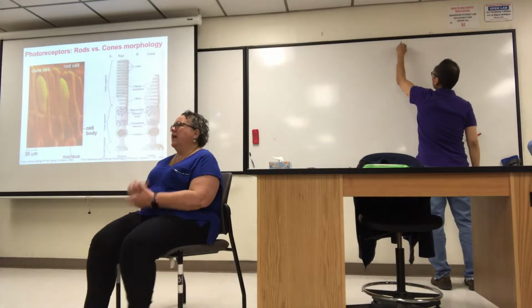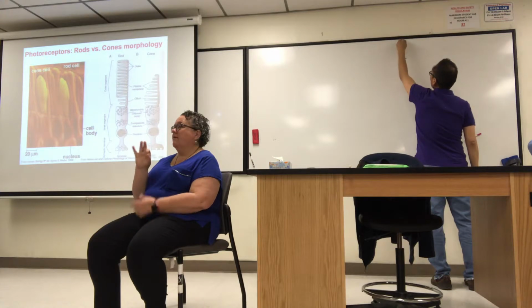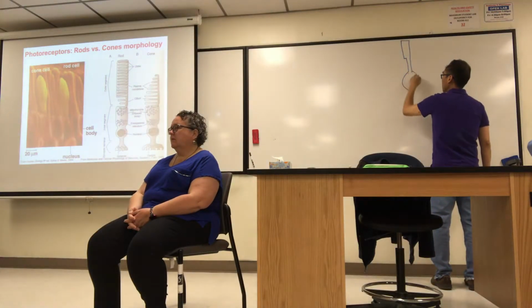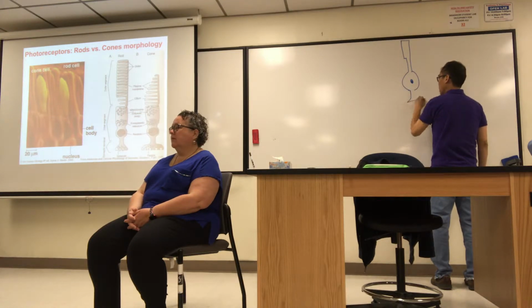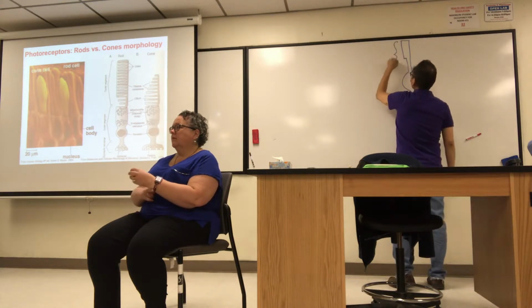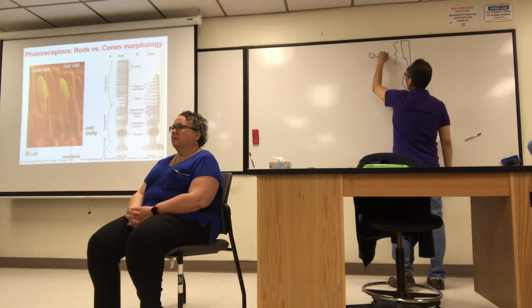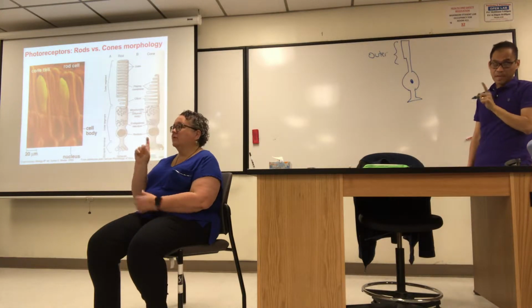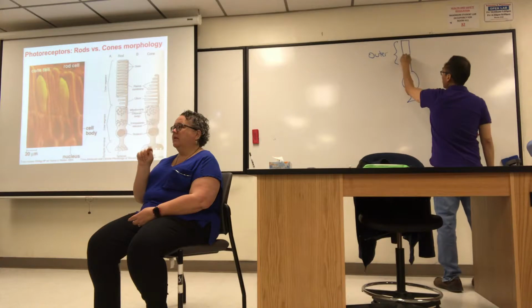Outer segment of a cone. Outer segment. That's where the visual pigment is. That's important. You've got these discs inside.